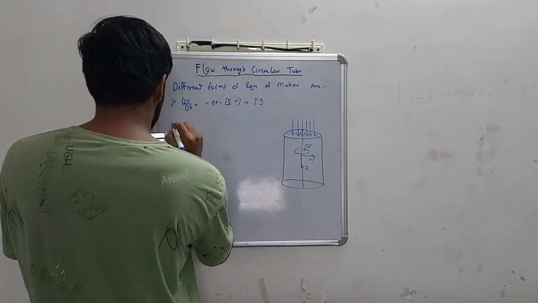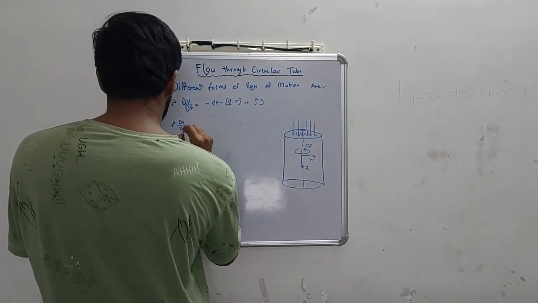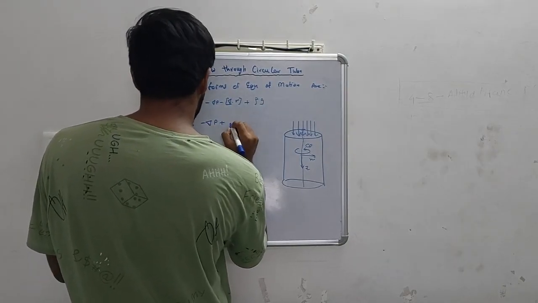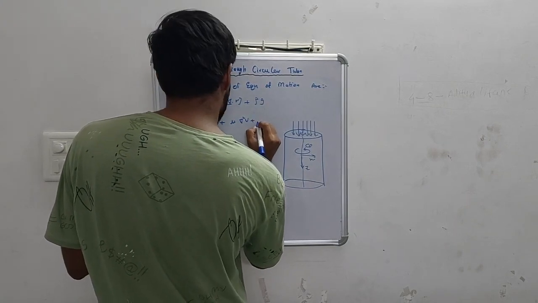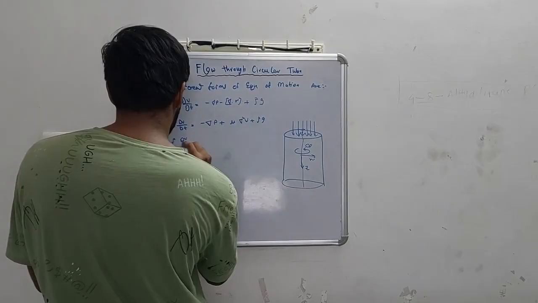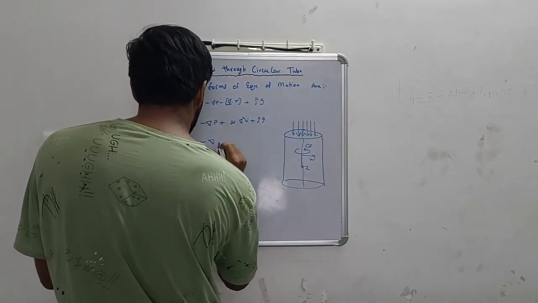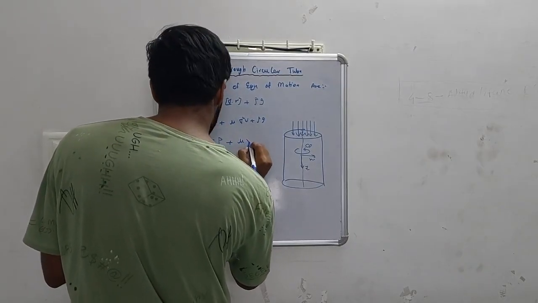The second is rho Dv by Dt equals minus del p plus mu del square v plus rho g. The third is rho Dv by Dt equals minus del P plus mu del square v.